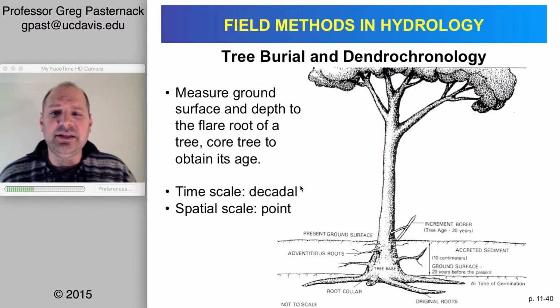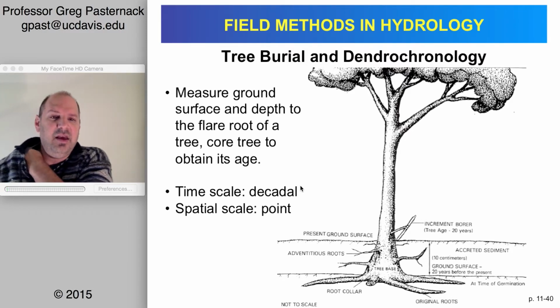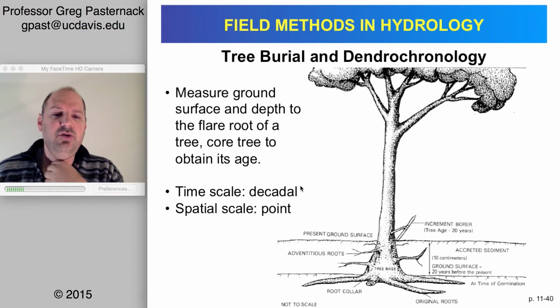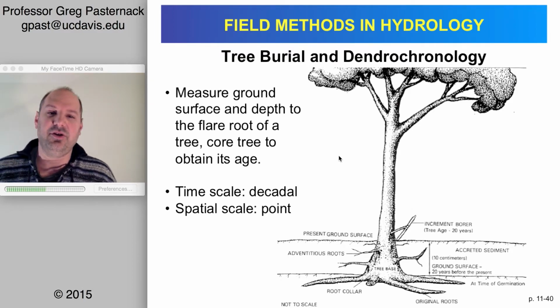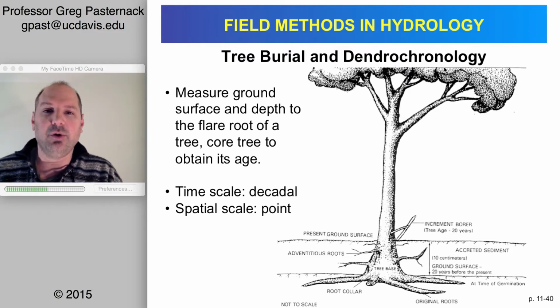And then the very last thing is when you have a large vegetated floodplain, and you're going to have a lot of fine-grained deposition, you can use a method to look at tree burial. And you have to collaborate with somebody or know how to do what's called dendrochronology, which is figuring out how old a tree is.